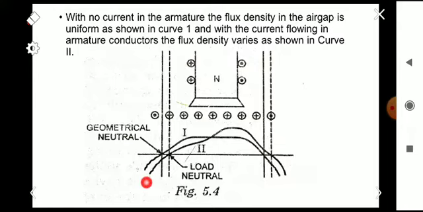That is, it will shift from the geometrical neutral axis and neutral plane, and the zero crossing is at this point. So flux density varies as shown in curve 2 here.